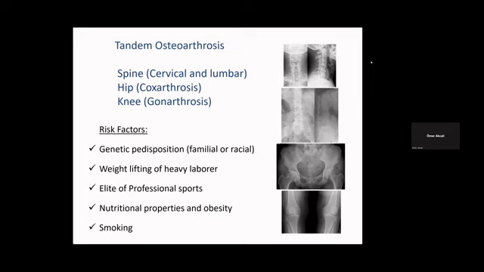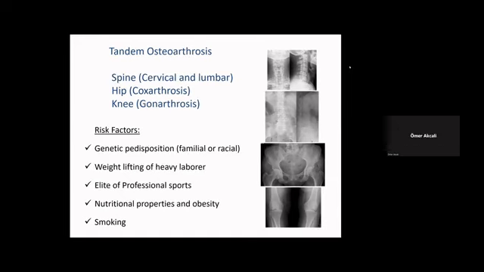Tandem osteoarthrosis is very common in the population, but its importance is not sufficiently stressed. This clinical entity is a systematic disorder. Osteoarthritis generally affects the cervical and lumbar area simultaneously, and it's not so easy to distinguish which complaints originated from the cervical or lumbar segment.